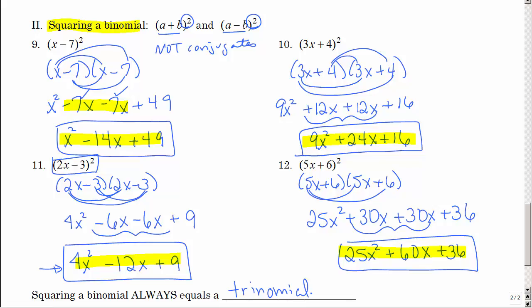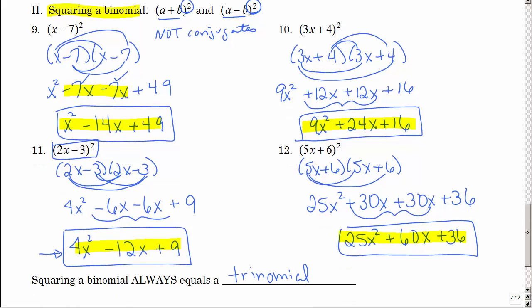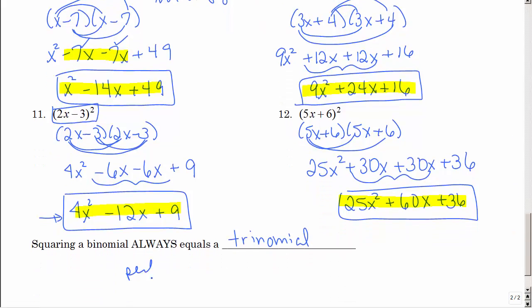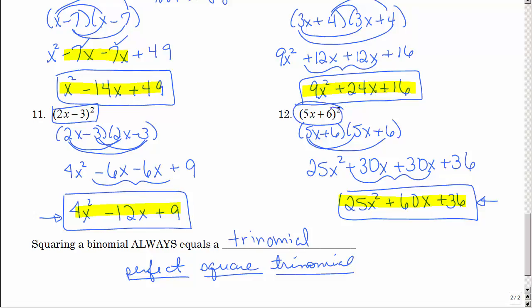They are called a perfect square trinomial. When we get to the factoring stage, we will see a perfect square trinomial comes from squaring a binomial.